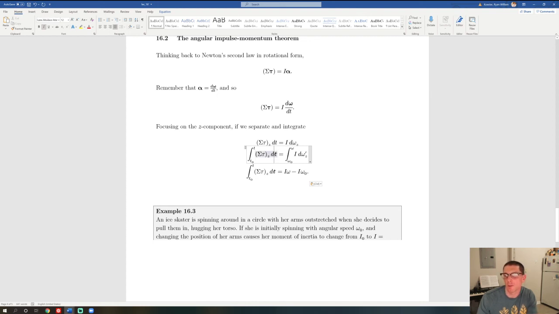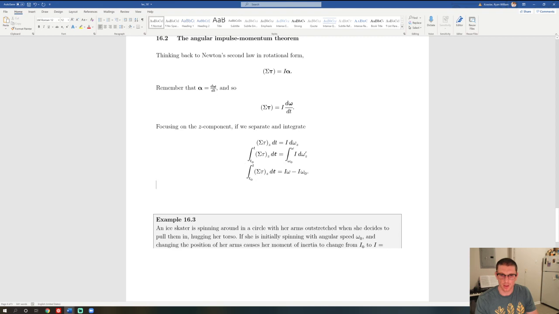And then I wrote omega prime over here for the same reason. What we find is that the integral of the net torque in the z direction over some time interval is simply the change in the spin angular momentum.